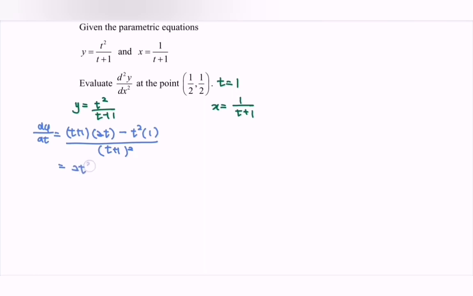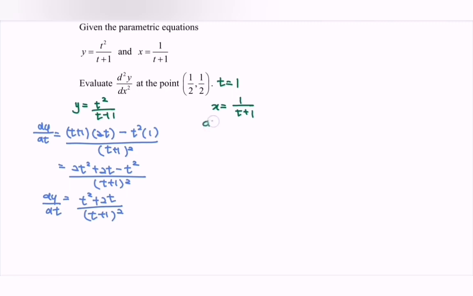So we have 2t squared plus 2t minus t squared over (t plus 1) squared. So dy/dt equals t squared plus 2t over (t plus 1) squared. So that is dy/dt.